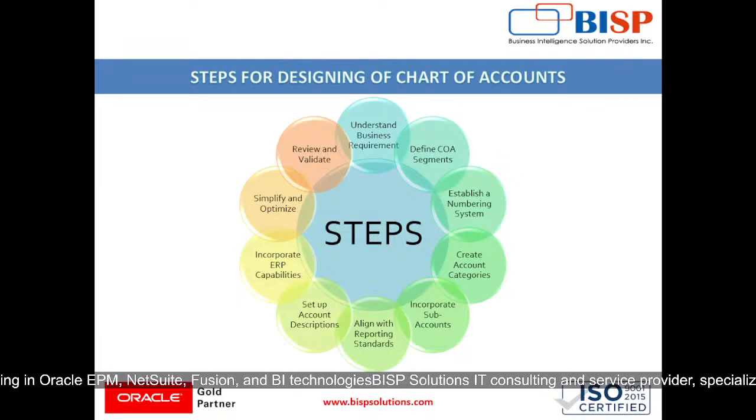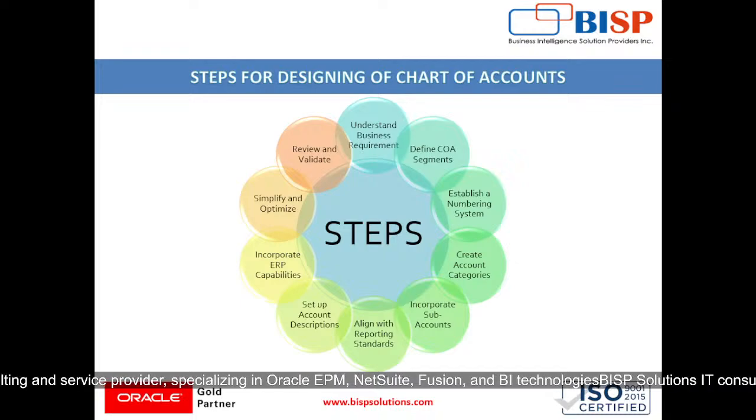Then incorporating ERP capabilities, so we will be using dimensions in systems like NetSuite to reduce CoA complexity, where instead of creating separate accounts for every department or project, we will be using dimensions or tags to filter and report data.